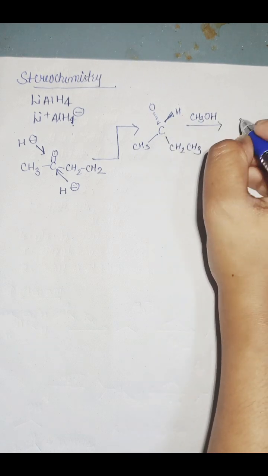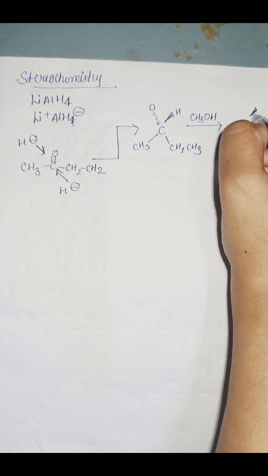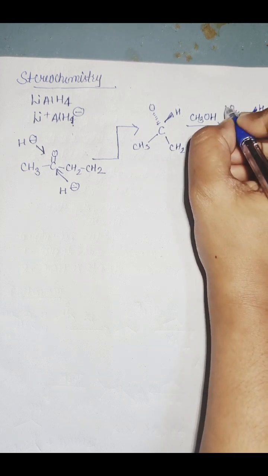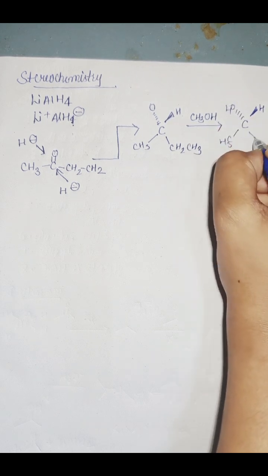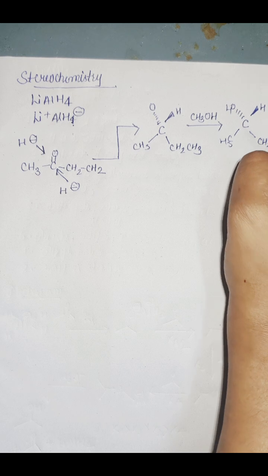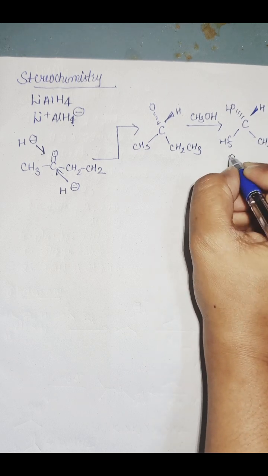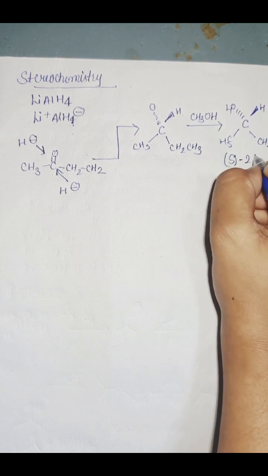In presence of methanol, we get H, OH, CH3, CH2CH3. The configuration of this is S, and this is 2-butanol.